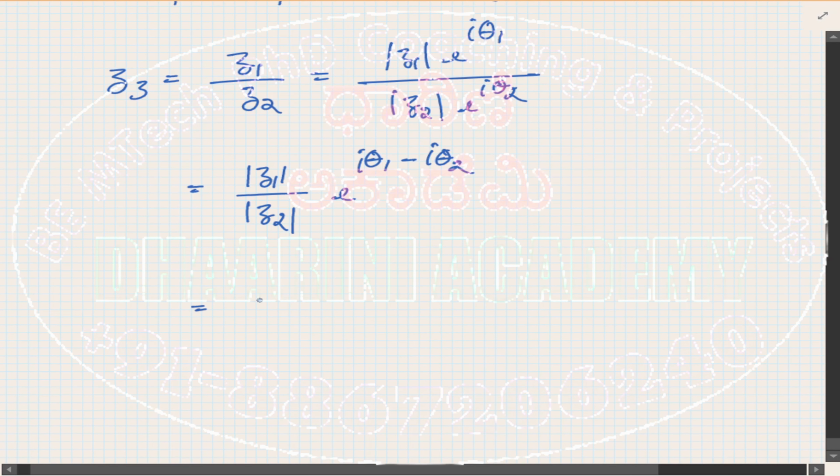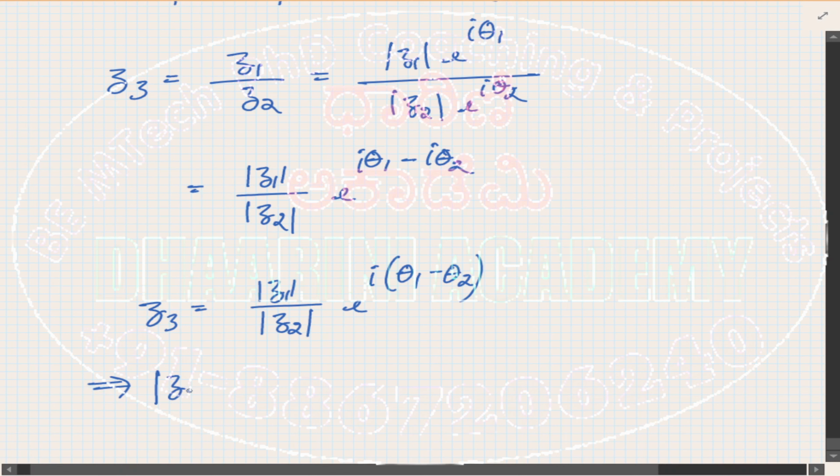As a result, this is equal to magnitude z1 by magnitude z2 into e to the power i times theta 1 minus theta 2. So this is z3. If you want to calculate the magnitude of z3, then it is simply the magnitude of z1 over the magnitude of z2.